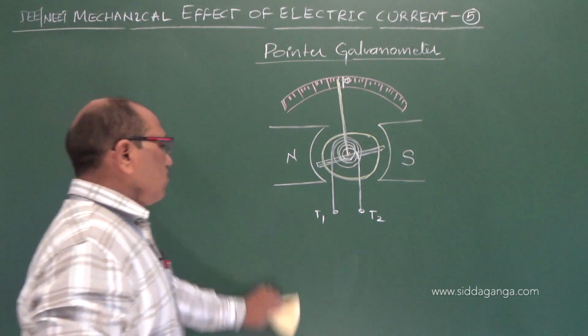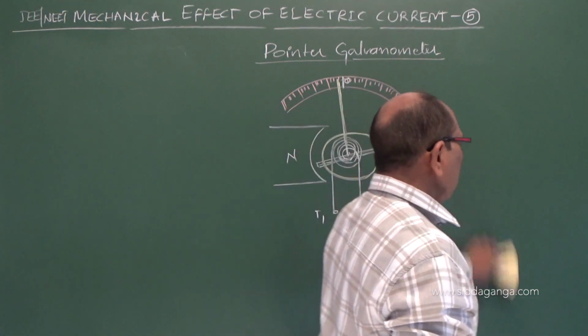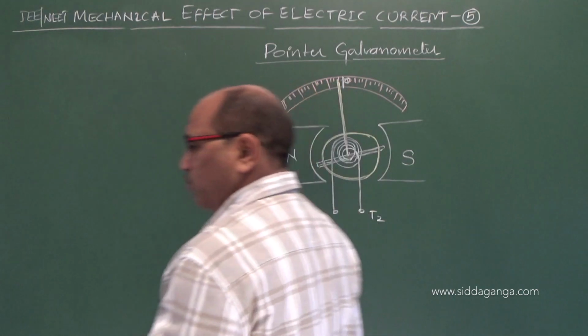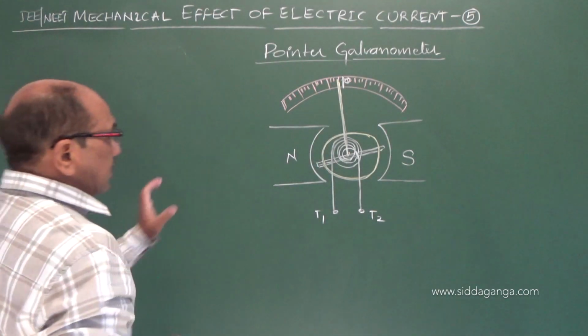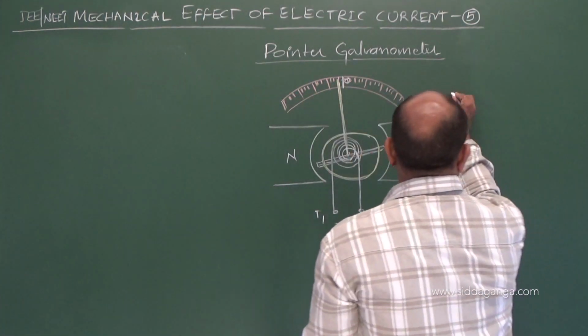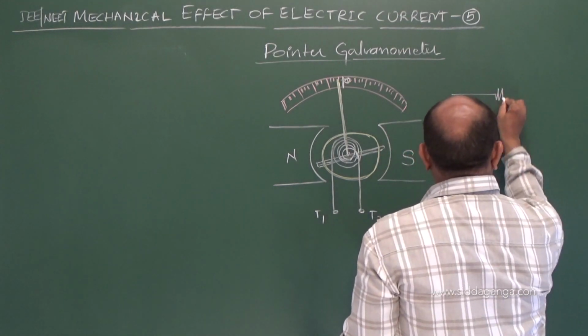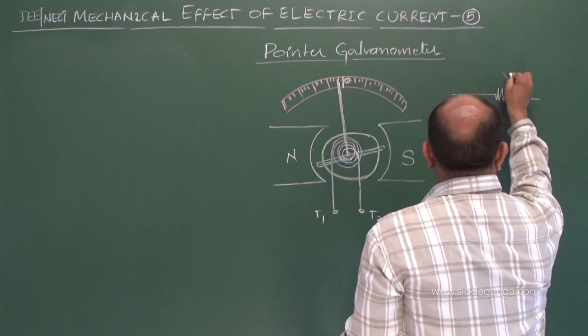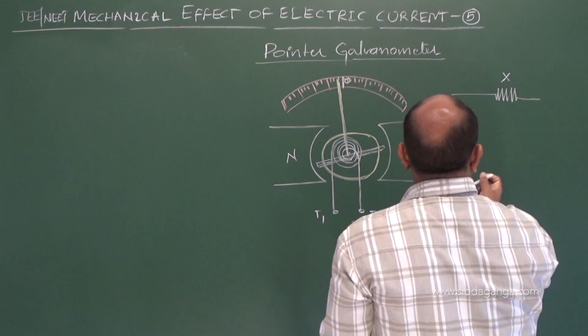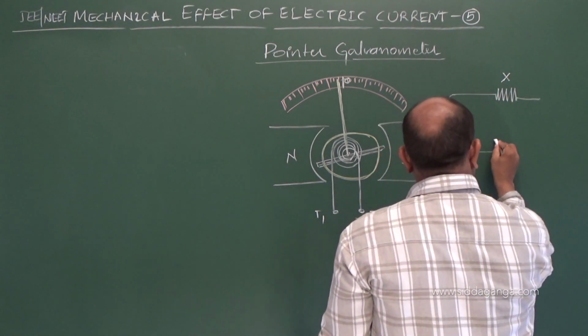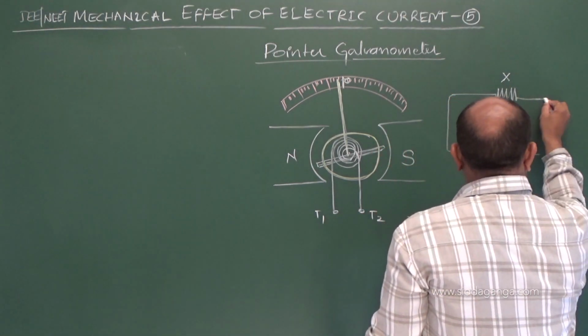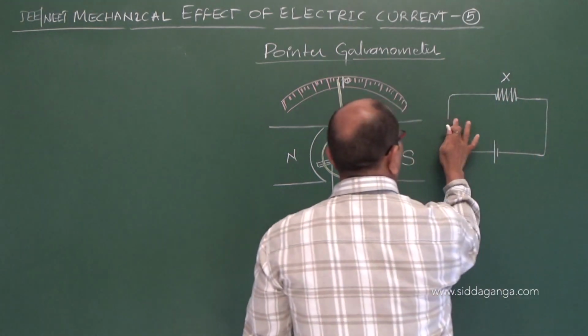So certain modifications are necessary, though it can detect the current, no doubt. Suppose we have in a circuit a resistor X and a galvanometer connected for the measurement of current.